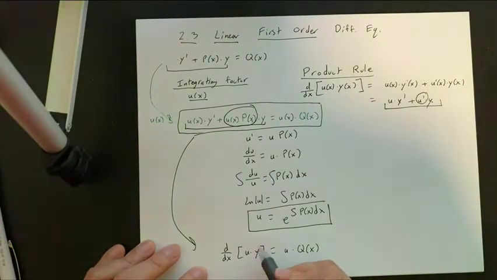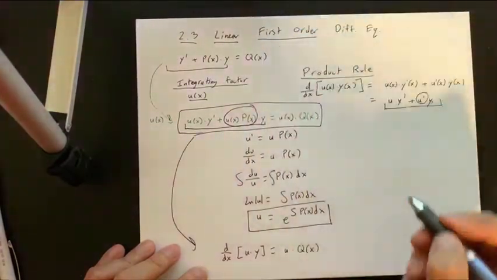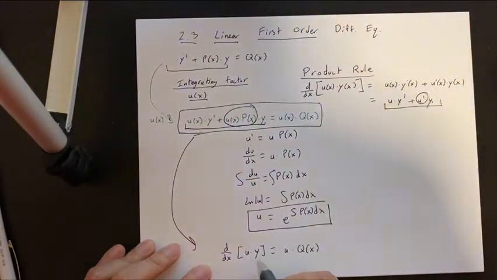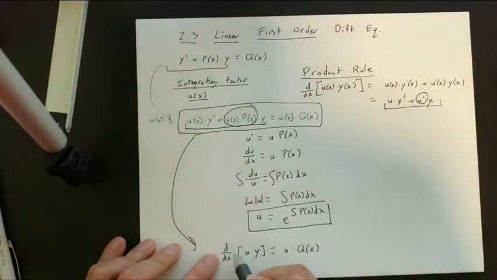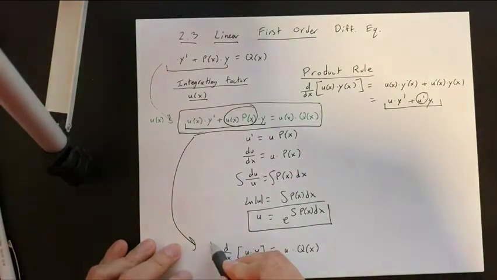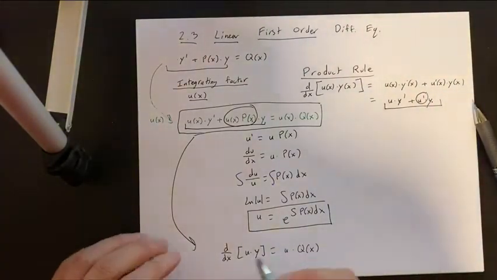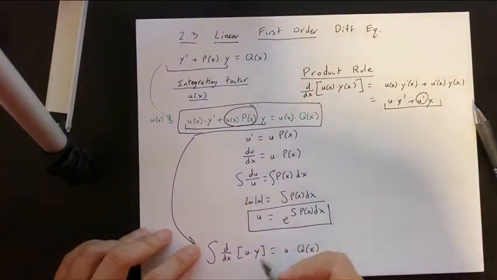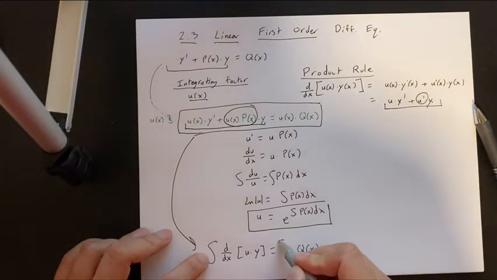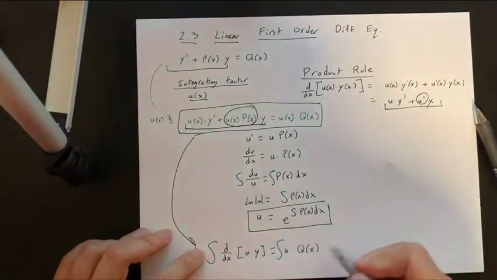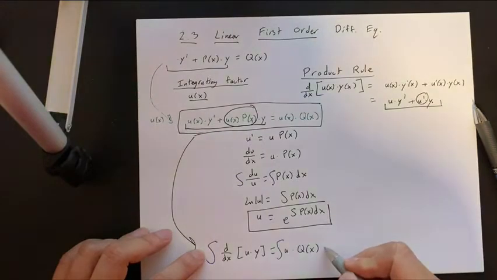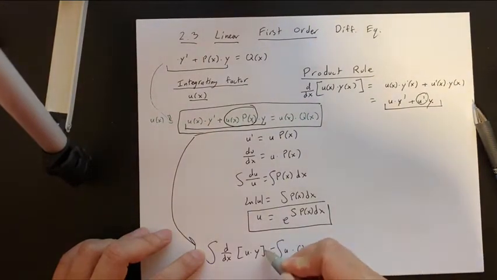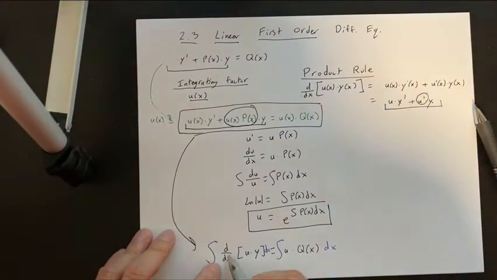And our goal here from the very beginning is to solve for y. And if you're differentiating this product with respect to x, in order to cancel out this differentiation, we're going to integrate. So I'm going to integrate the left side, take the antiderivative. I'm going to integrate the right side as well, both with respect to x. So dx, dx, and that will cancel the d dx.